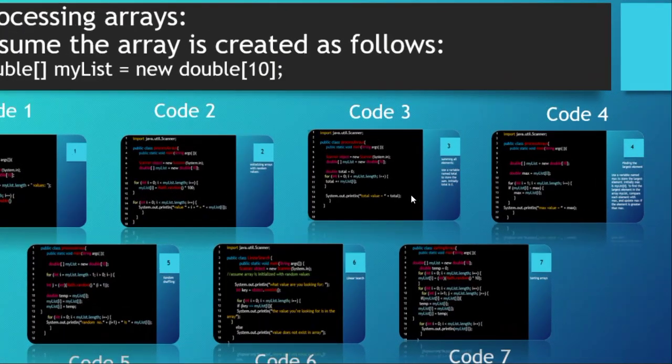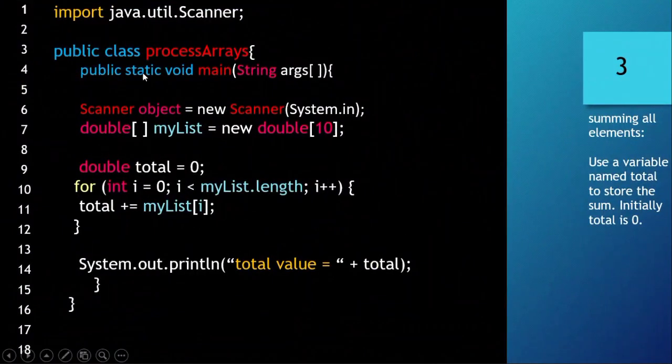Okay, so we have our third code here, and then we have this scenario. We are summing all the elements and use a variable named total to store the sum. Initially, total is 0, right? Here, our total is 0, and we have our for loop here. So we have for int I is equal to 0, I less than my list.length. For every iteration, we're going to say total, and then here we have our augmented operator.